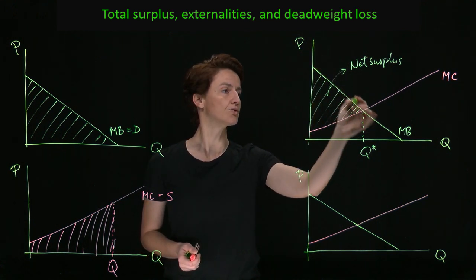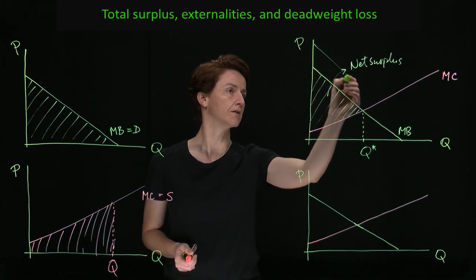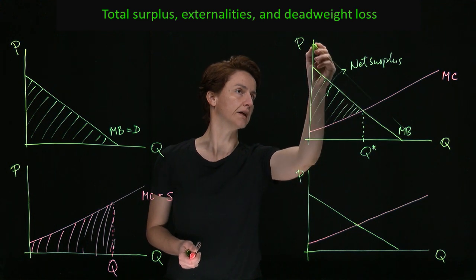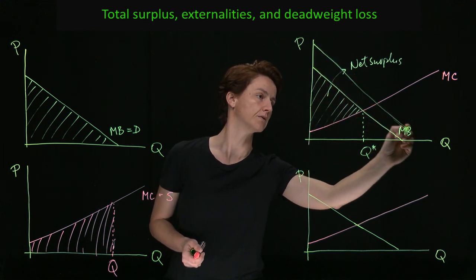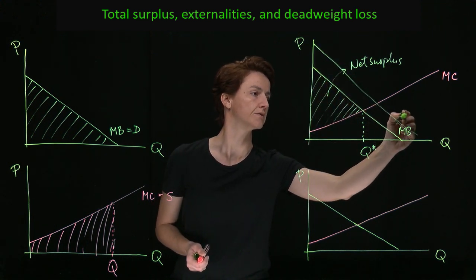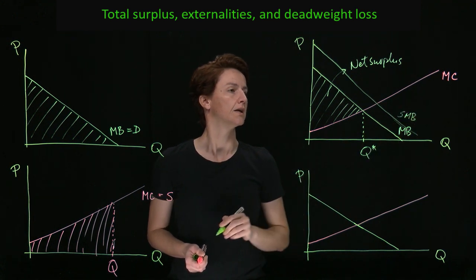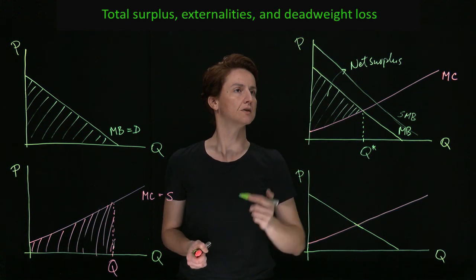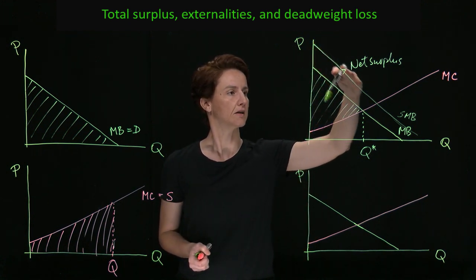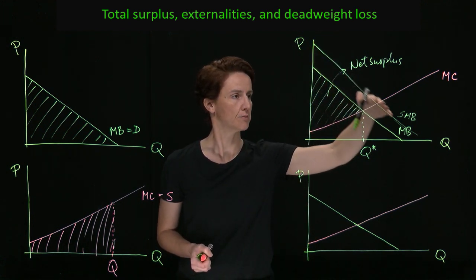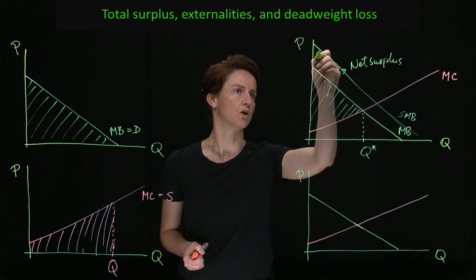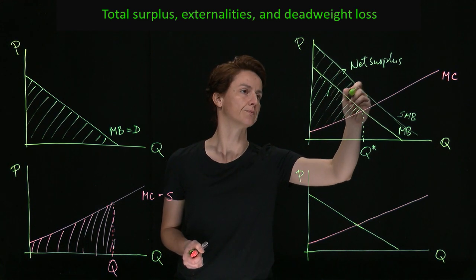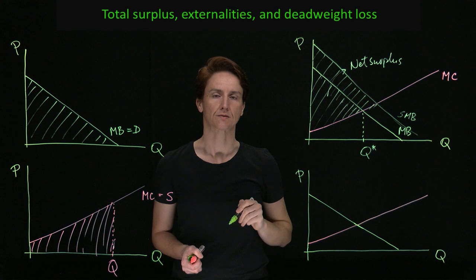Then the social marginal benefit will be a curve above the private marginal benefit. And then the total net surplus that can be achieved is actually the area under SMB and above marginal cost. So it will include also this portion.